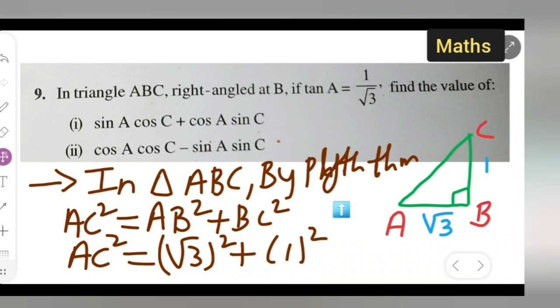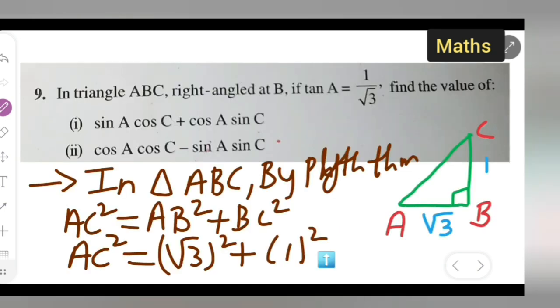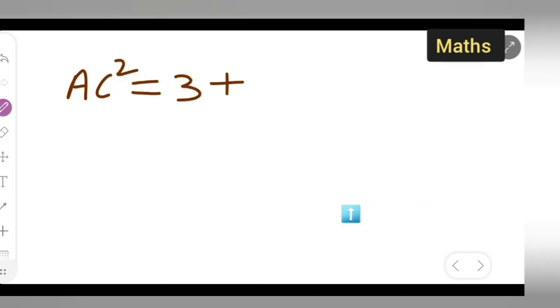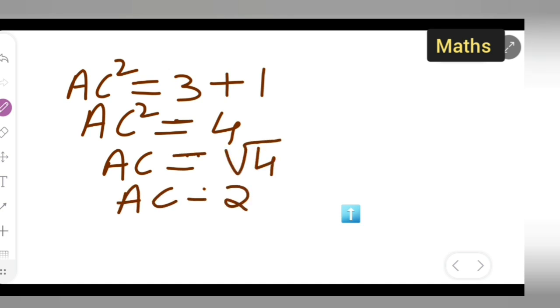Okay, on the next line, what will be this root 3 square? This will get cancelled, so AC square is equal to 3 plus 1. So I'm going to get AC square is equal to 4, and if I take the root, AC is equal to root 4, which is nothing but 2.